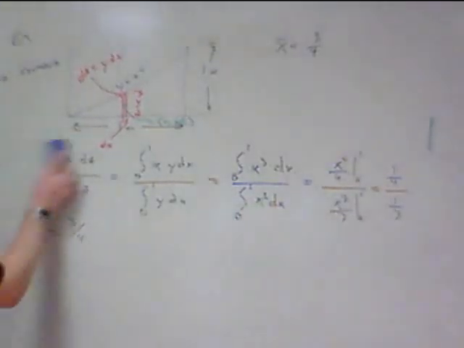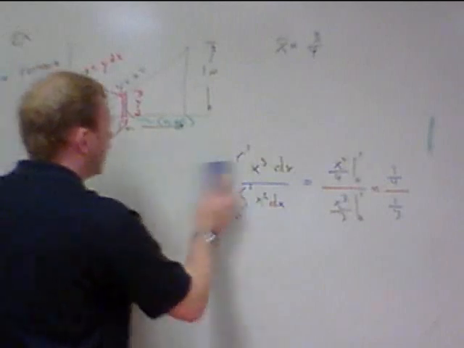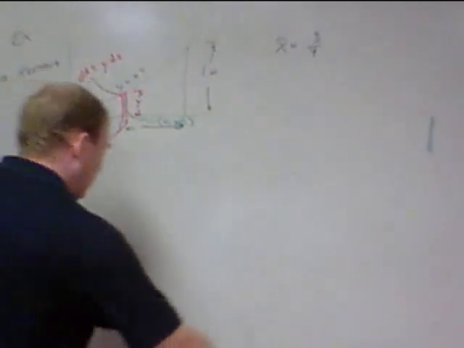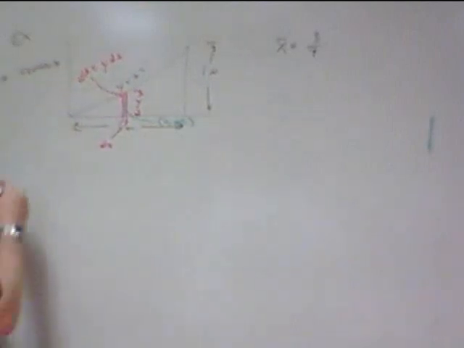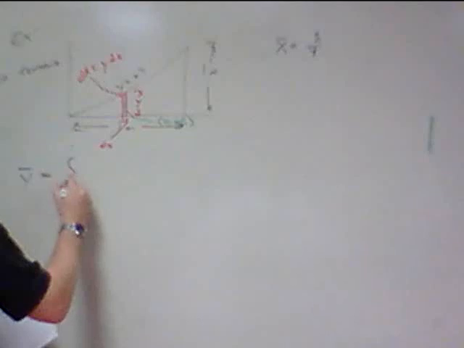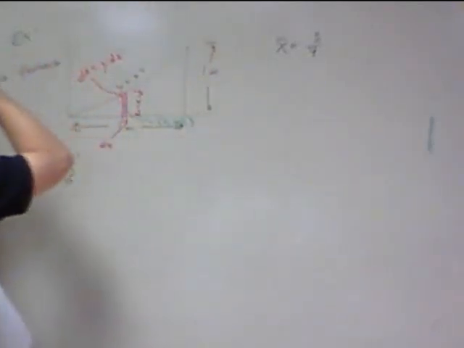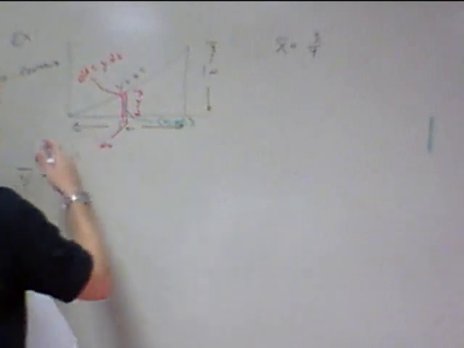So now we're going to go ahead and solve for y bar. The y position of the centroid is equal to the integral from 0 to 1. Again, we're still integrating over x.